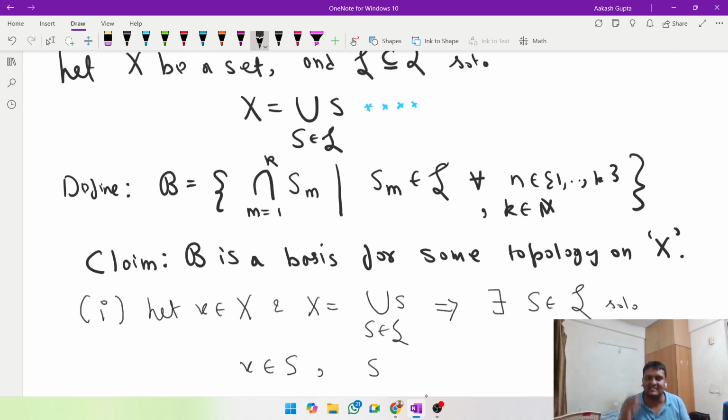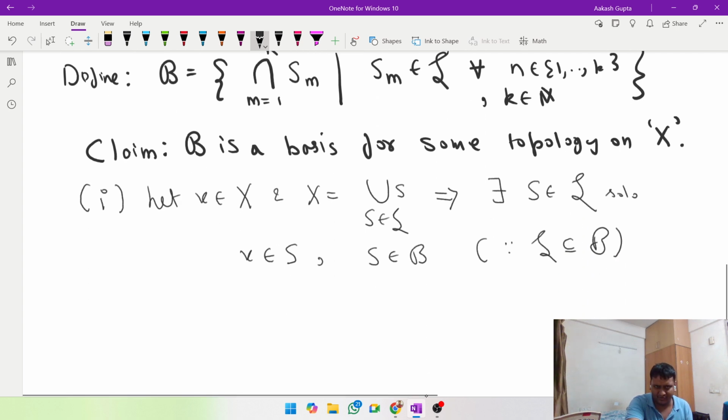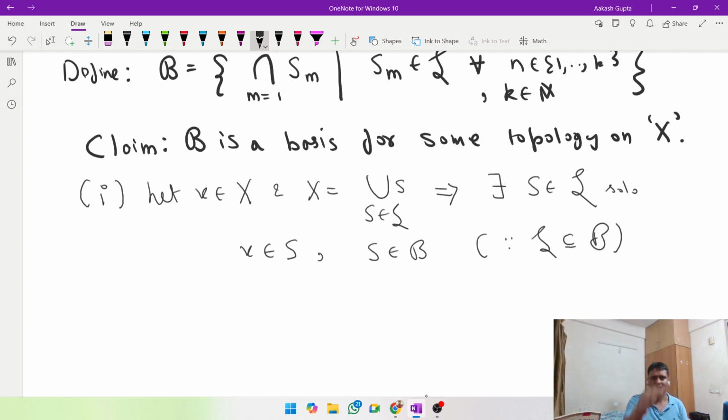Note that s is just a member, a finite intersection. In particular, script S is also sitting inside the basis, because we are taking all finite intersections, and that counts for one also. Good. So we have shown that we have a member containing x.